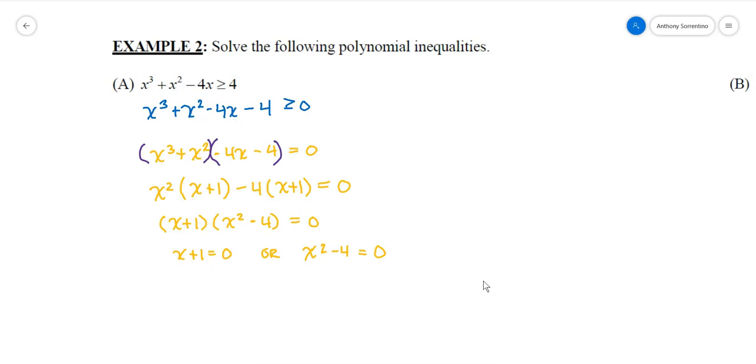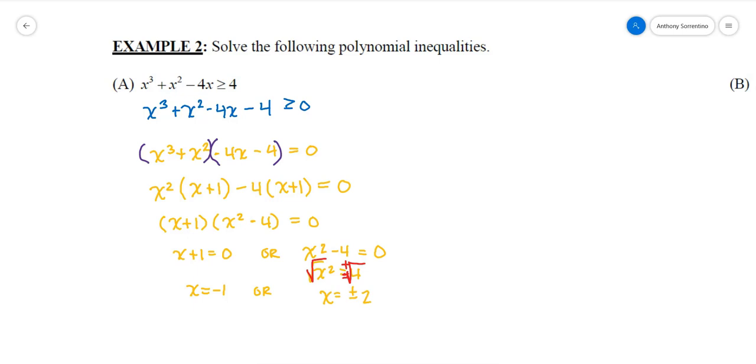For this one here, I subtract 1 from both sides, x equals negative 1 is my answer. Or here I'm going to have x squared equaling 4 when I add 4 to both sides. I put a square root into this, which means a plus or minus has to be put here. And so I'm going to have, as a result, x equals plus or minus 2.